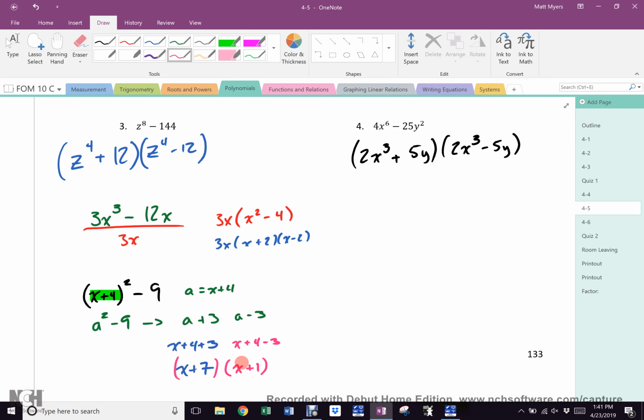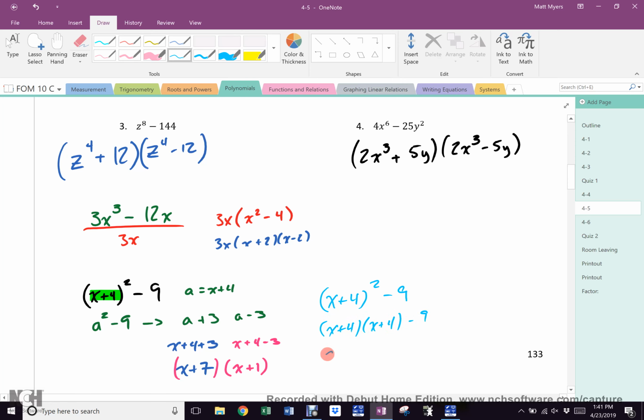No, that's something you would do. That's the hint I'm giving you. Now, would you be allowed, do you think, to do this? And expand that out. Do you think you're allowed to do that? Can I do x plus 4 times x plus 4 minus 9?